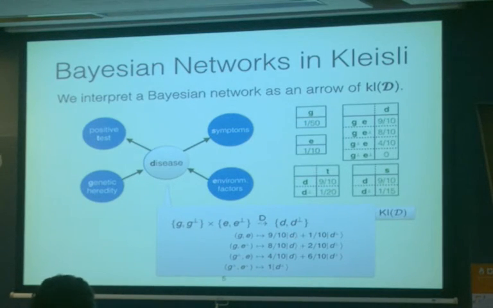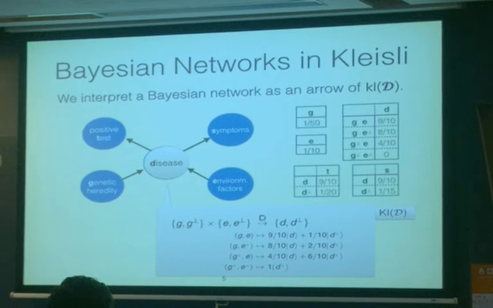So you see we use this ket notation, in analogy with quantum states, to write down probability distributions. And the way we define this is just following what the table says. So for instance, the table says that with G and E we have to associate 90%. So with G and E we associate 90% to D and the rest to not D. And the other lines, they just follow the definition.